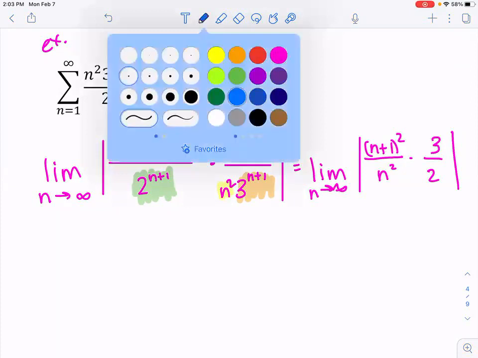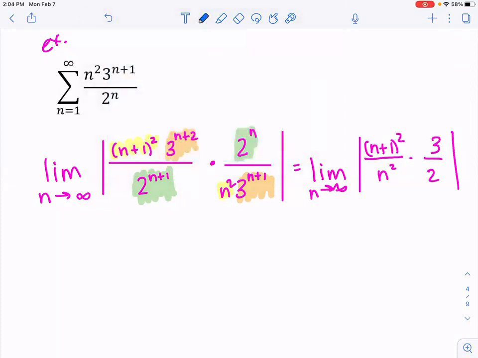All right, so what happens with this limit right here? Just this right here. This goes to 1. So you have n squared, blah, blah, blah, over n squared.